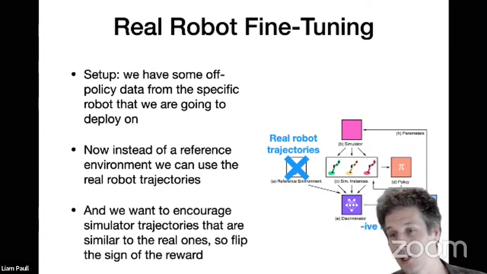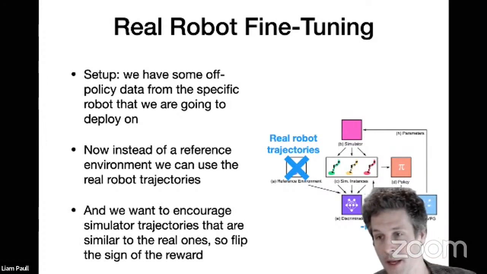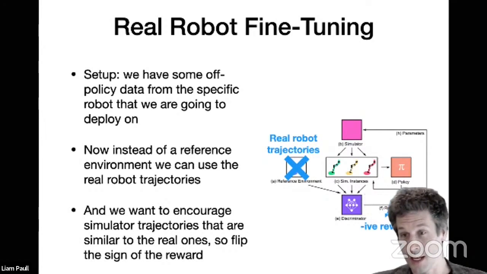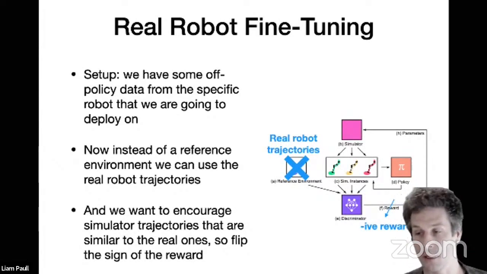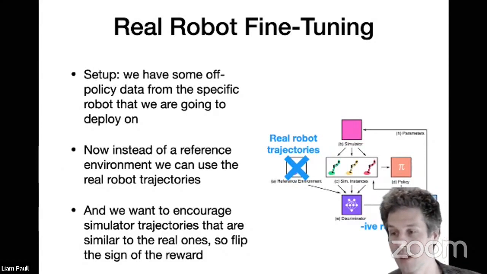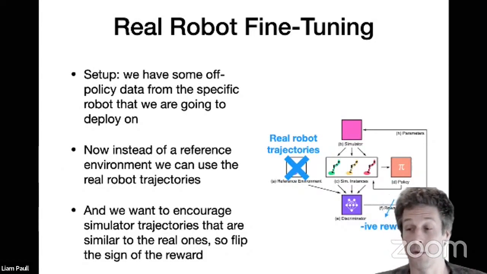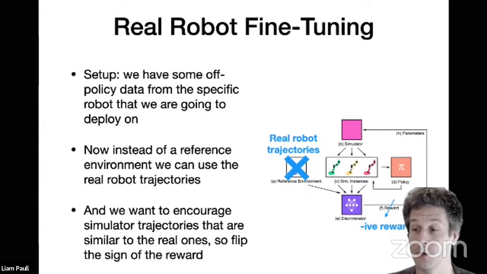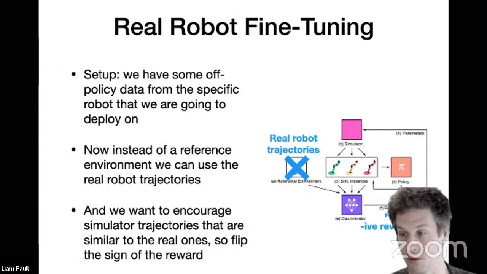And then we can actually just invert the reward. Say we pre-trained this entire model on all of these instances from simulation. If we want to do a little bit of fine-tuning at the end, for a particular robot, we want to find the simulation instances that produce outputs as close to the real robot trajectories as we possibly can make them.